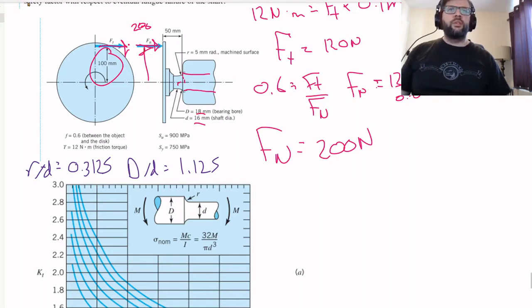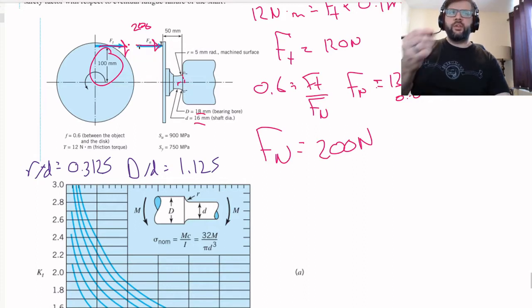The bending moment is caused by that 200 Newton force that is going horizontally, and the moment arm over which that's acting, I think here, is 100 millimeters.